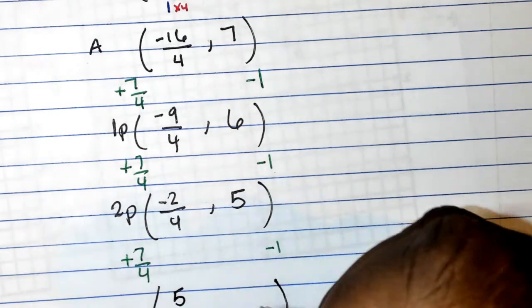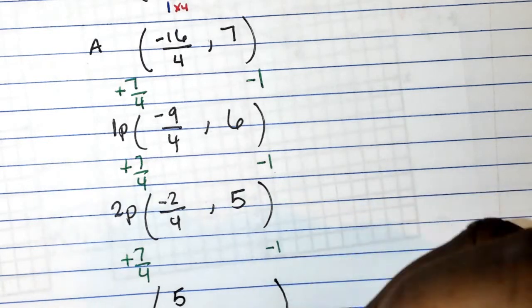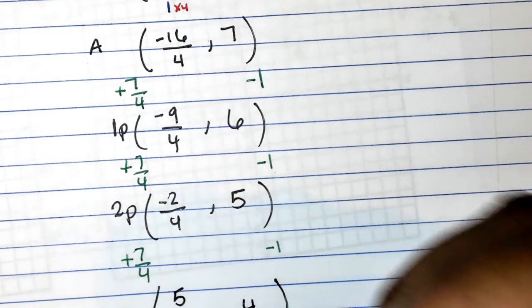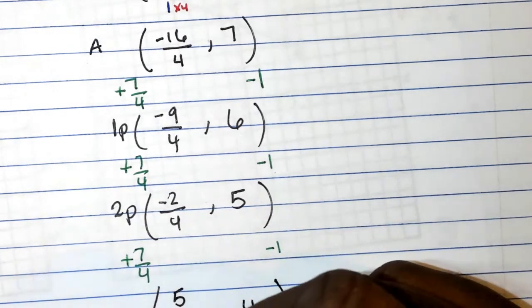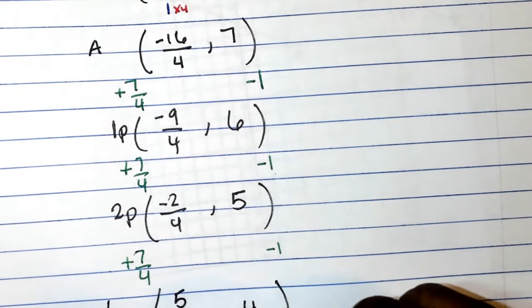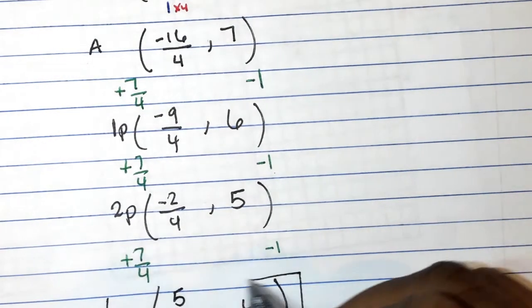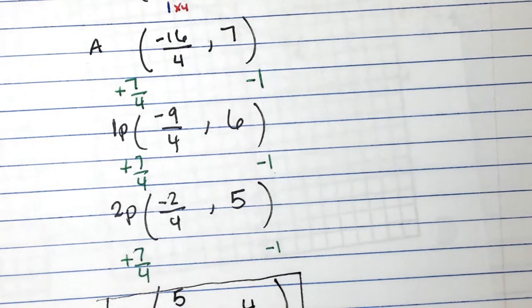And then 5 minus 1, which would be 4. Alright. And there. That's my third partition. That's where I needed to be, so that would be my answer.